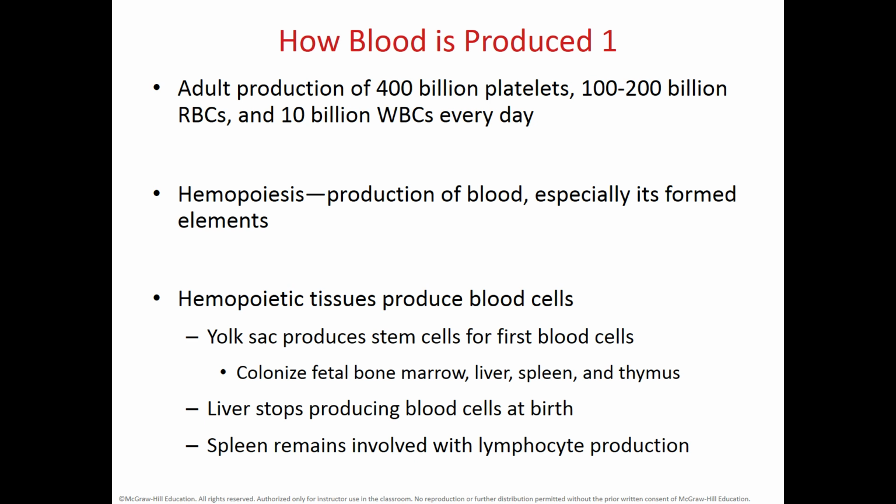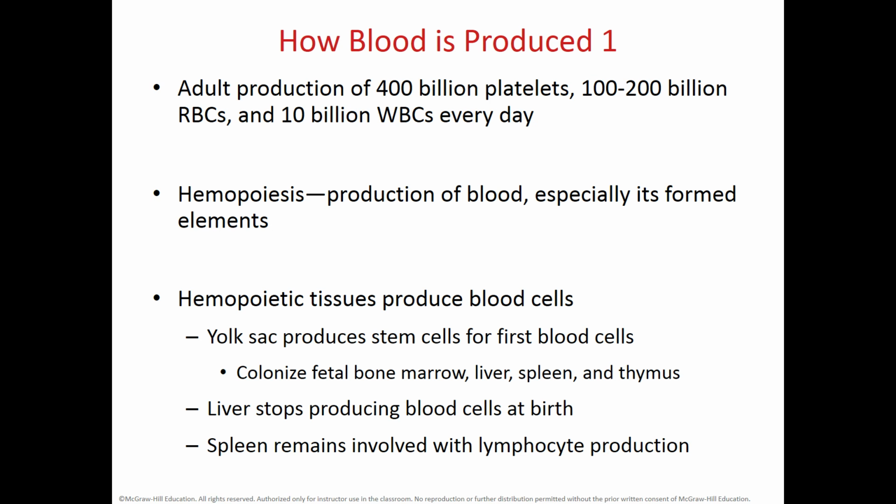So hemopoiesis is the production of blood, and especially the production of the form elements. Hemopoietic tissues produce blood cells. In the embryo, hemopoiesis happens within the yolk sac initially, so you produce your stem cells or the mother cells that are going to produce the different types of blood form elements.